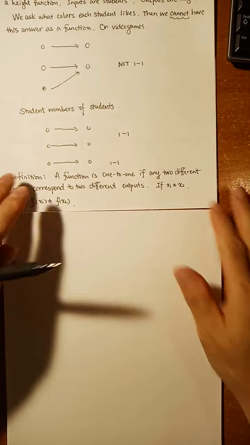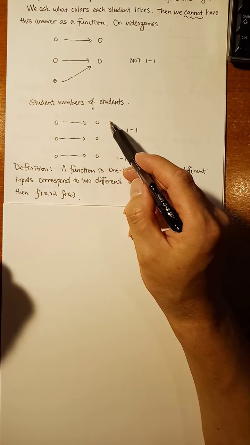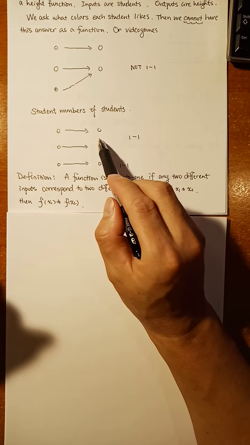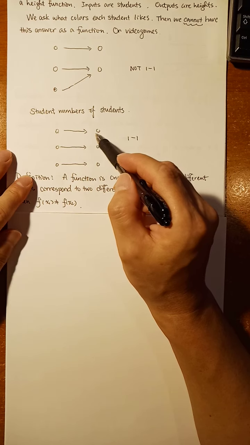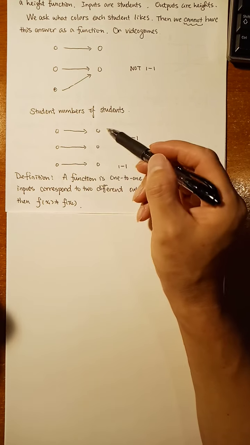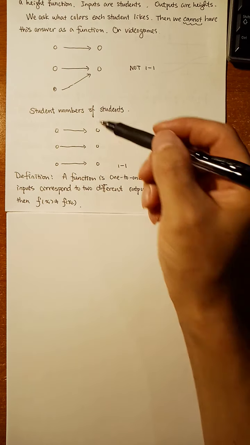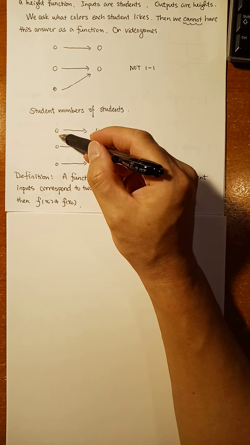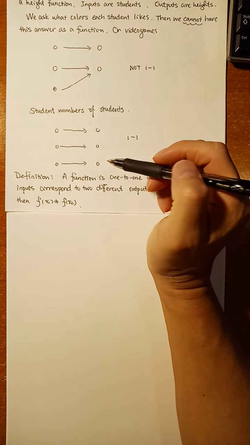All right? So remember, what is the advantage of a one-to-one function? Check here. Assume we have a student number for each student. You have a student, you get a unique number. Of course, if you know the student number, you can go back and identify the student. That is the purpose of the student number. And this go-back process from student number to student is called the inverse of the original function.